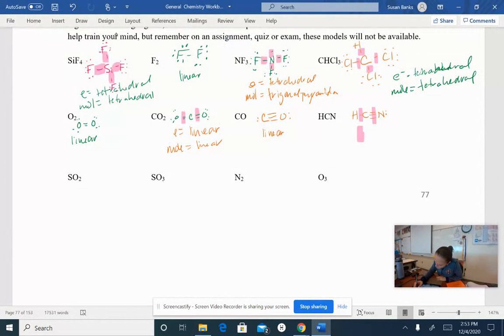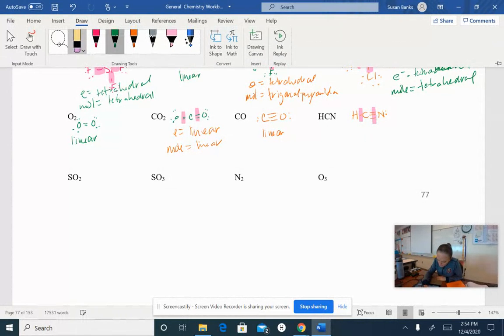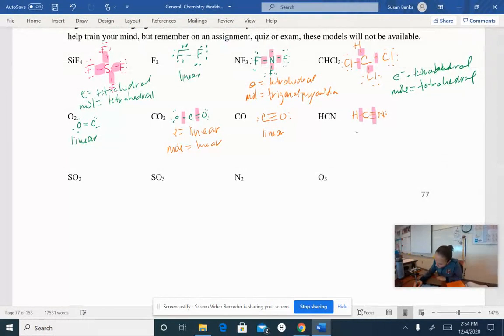Okay, so wow, that sure took a long time to switch. Electron is linear and the molecular is linear.